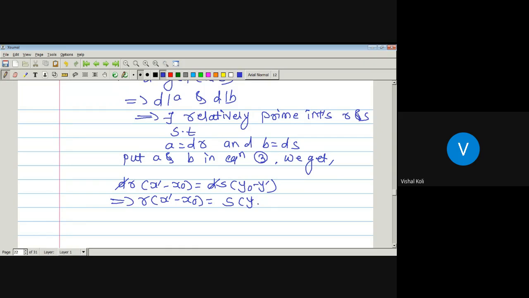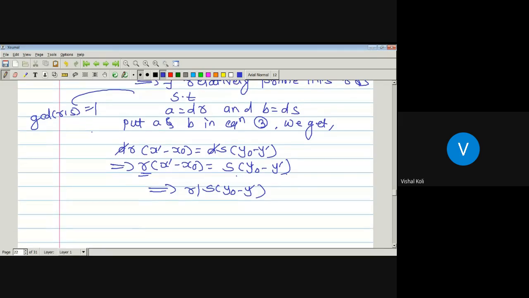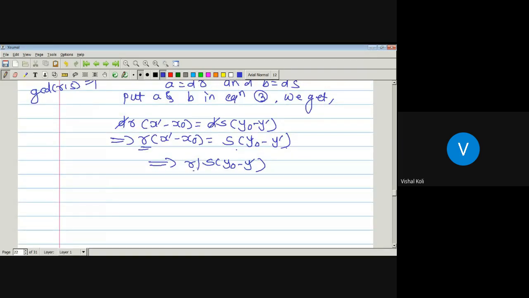But this s into (y₀ minus y') is a multiple of this integer r. Then by the definition of divisibility, r must divide s into (y₀ minus y'). But here the integers r and s are relatively prime, which means GCD of r and s is equal to 1, and r divides s into (y₀ minus y'). Then by Euclid's lemma.